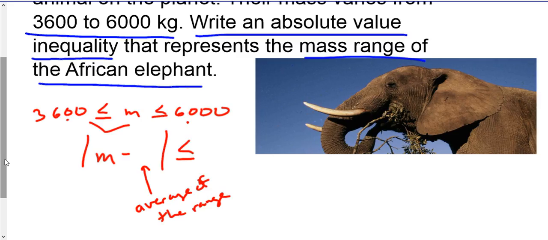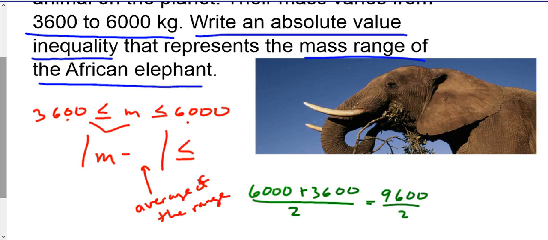So we take 6,000 plus 3,600 and divide it by 2. We add those together, so we have 9,600 divided by 2, and what we have is 4,800. So we're going to put 4,800 in there.